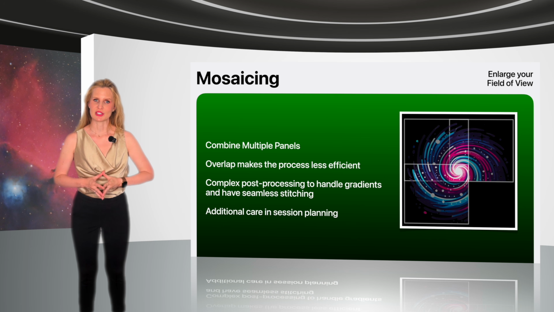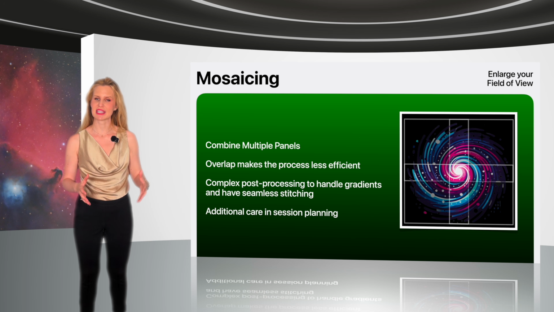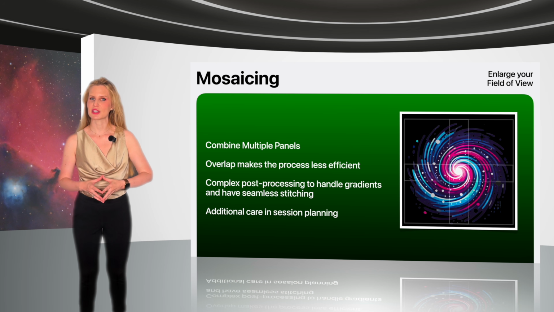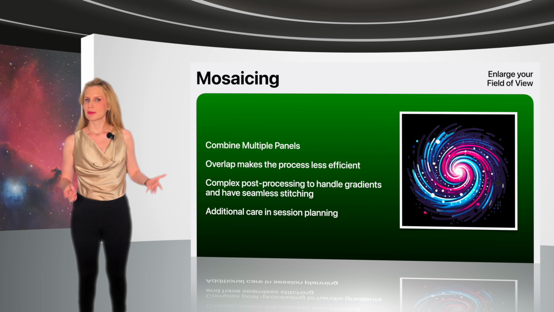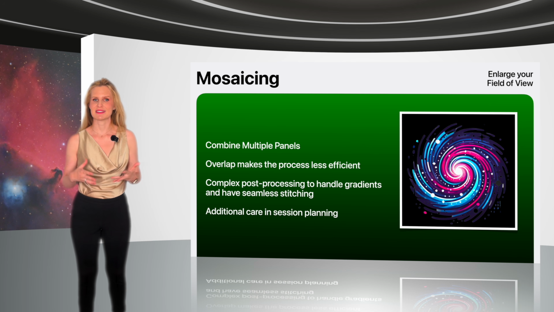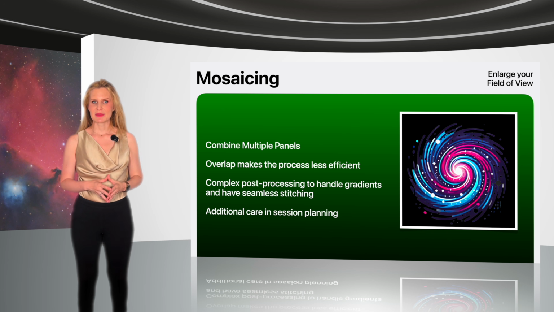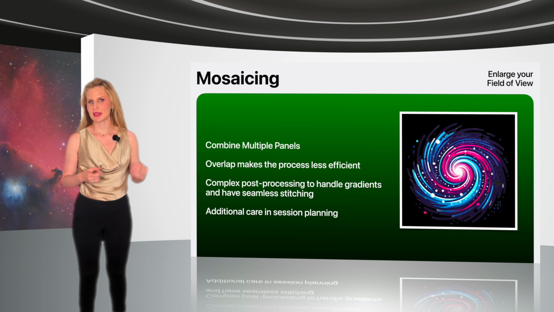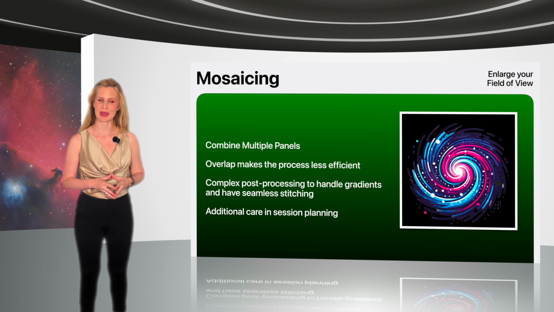One important thing to note is that for mosaicing to work well in post-processing, the individual panels usually need to overlap, which reduces efficiency. And if we're shooting under suboptimal skies, stitching the panels seamlessly becomes even more difficult due to gradients and other artifacts. On top of that, mosaicing requires better session planning to make sure we capture all the necessary panels.